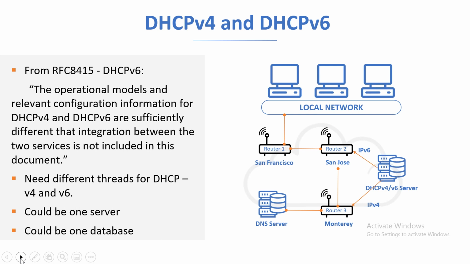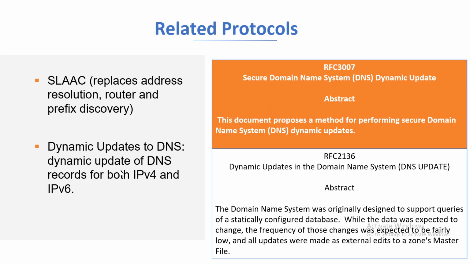So let's review a little bit. We have talked about SLAAC way back in the beginning. It was quite a few presentations ago. And so what SLAAC is going to do is give you an address without needing a server. It will need a router, but it won't need a server, such as what DHCP needs.